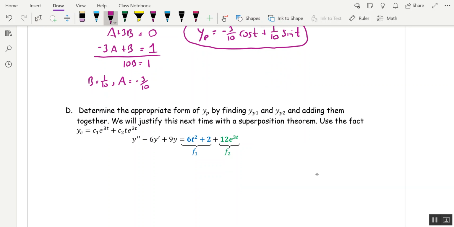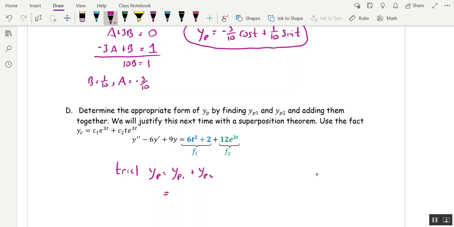All right, and then your trial yp will be yp1, which is your yp for the f1, plus yp2, which is your trial yp for the f2.